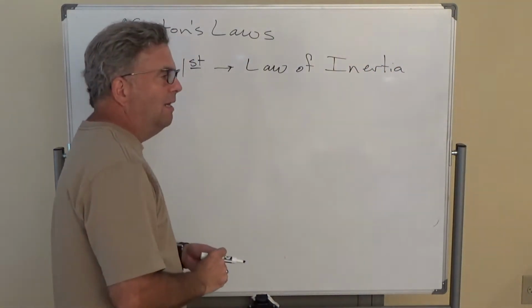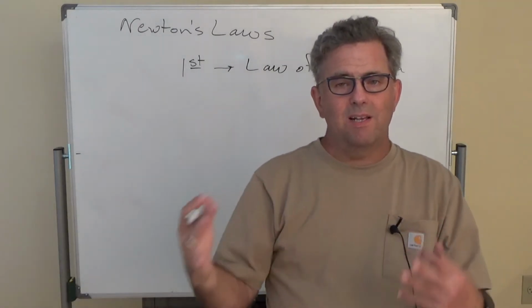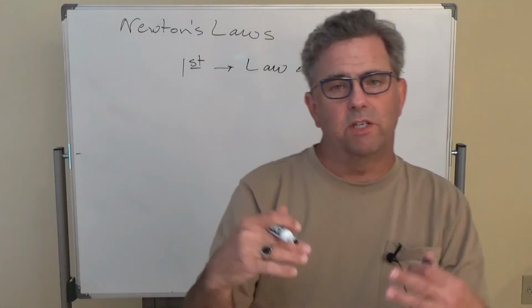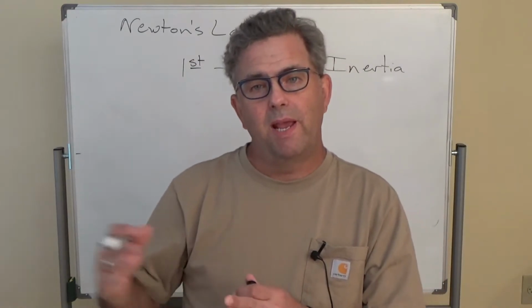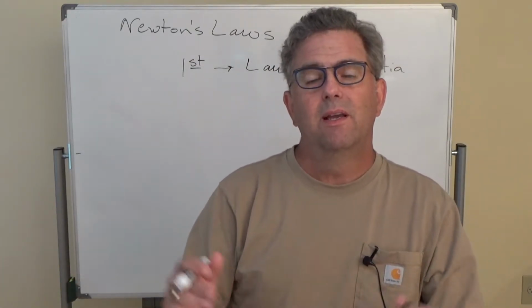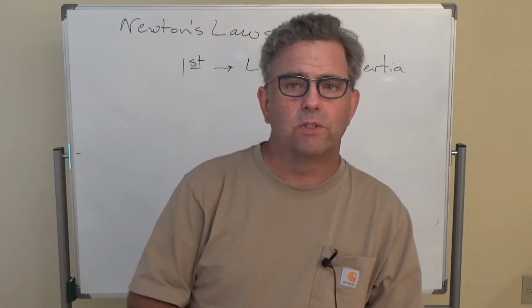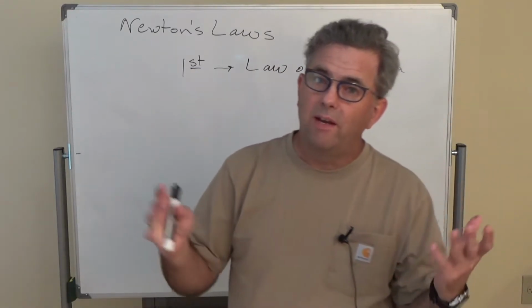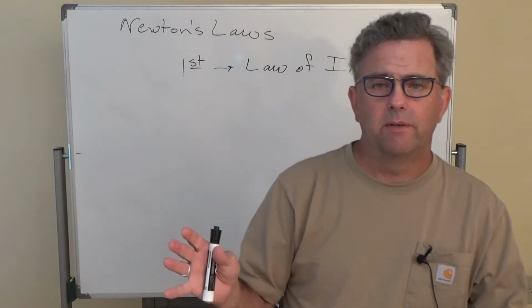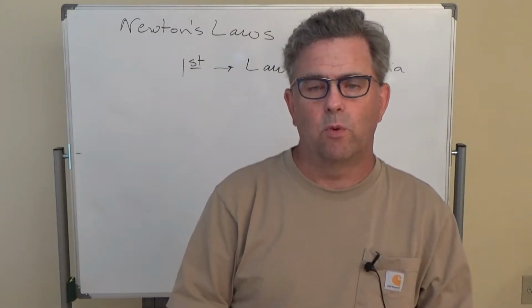Okay. It says that an object at rest remains at rest, or an object in uniform motion remains in uniform motion, unless these objects are acted on by some external force. Okay? So we hadn't even talked about what forces are, but some external force.